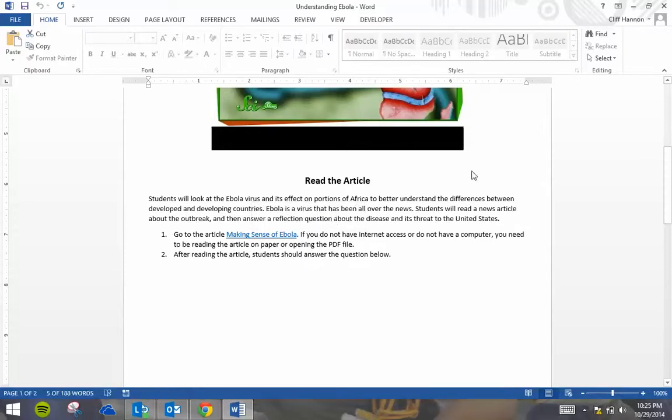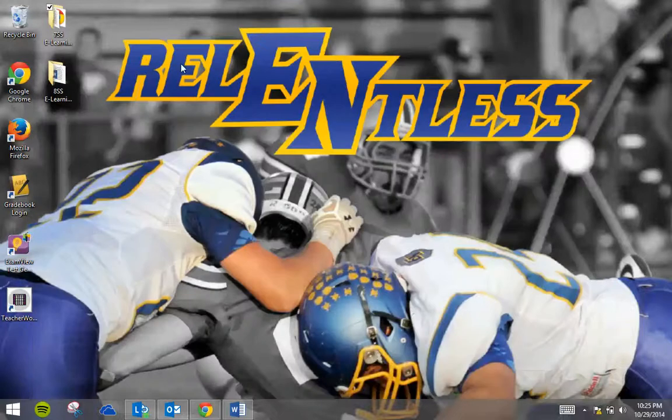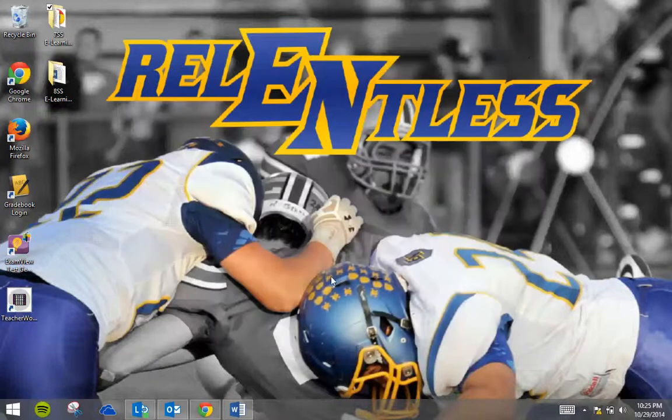If you do not have internet at home and you're wanting to open that, it should be in the file folder that you put on your desktop as a PDF. You should be able to open that without internet access and read the same article. All right, so let's go ahead and open that up.